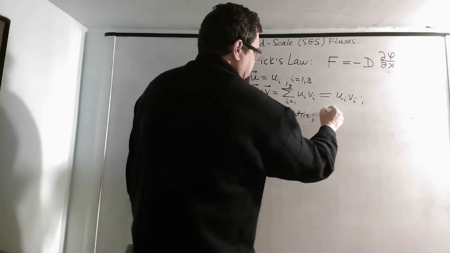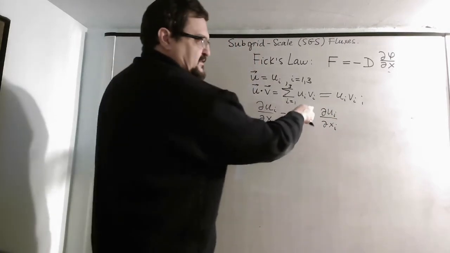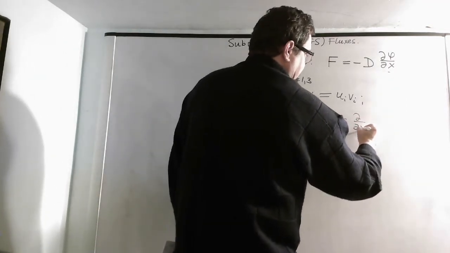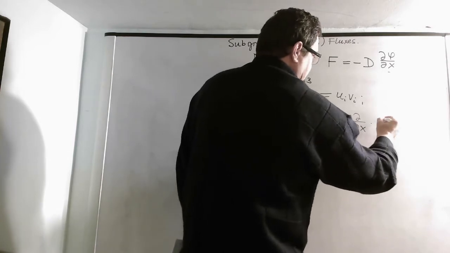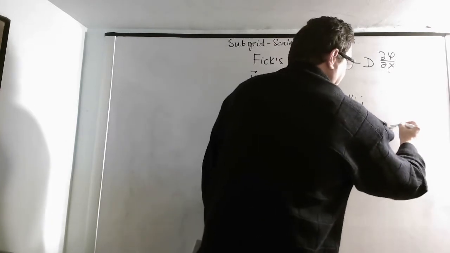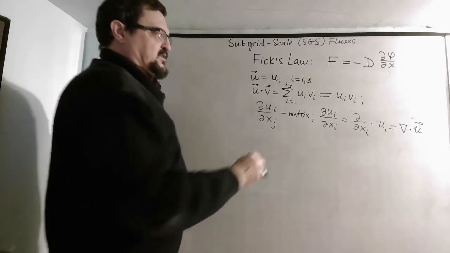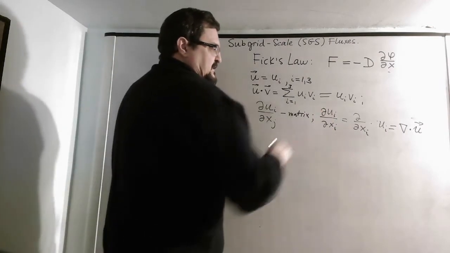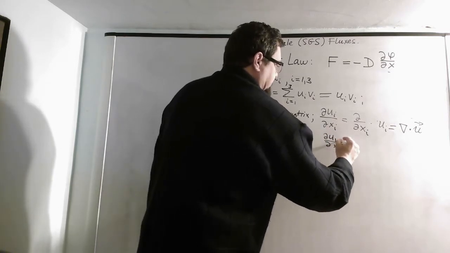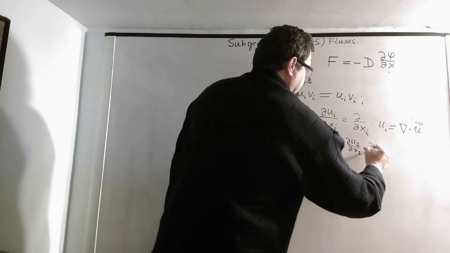But if you write dui/dxi, summation is implied. So this one is a scalar product of the d/dx operator, or del operator, with the vector ui. You see this index is repeating, so it's du1/dx1 plus du2/dx2 plus du3/dx3.